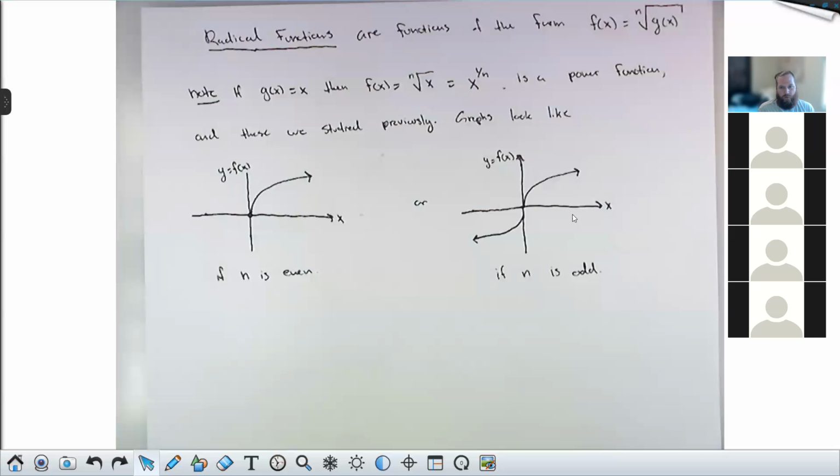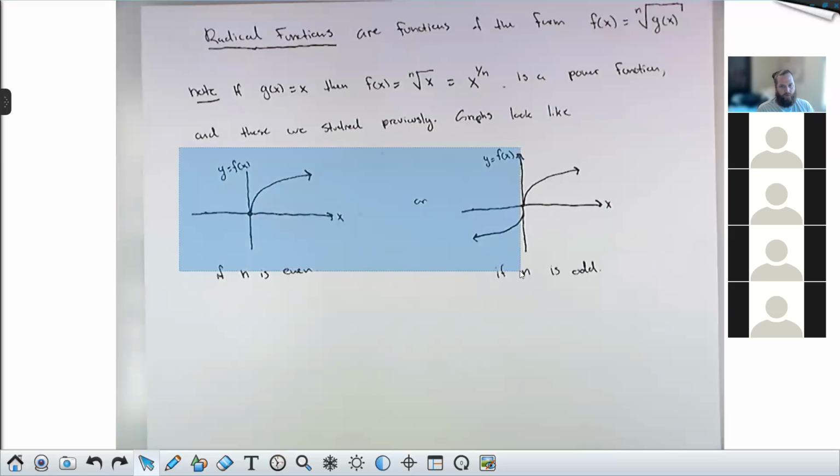The graph will be kind of shifted to the left or to the right, something like that. So the big game is to know these two basic graph shapes, and then being comfortable kind of dragging them to the right or the left according to how the thing under the radical looks.